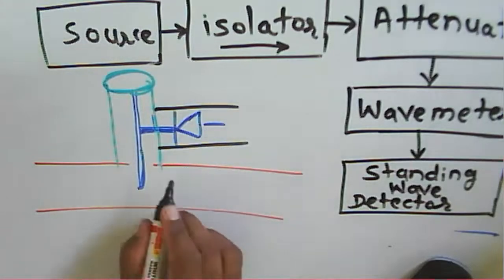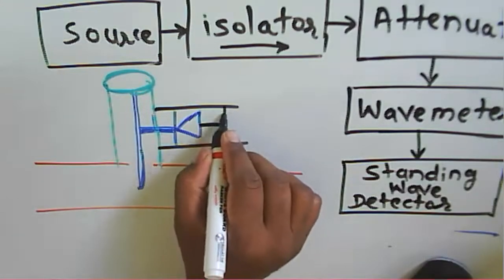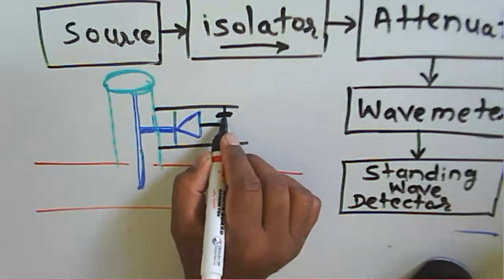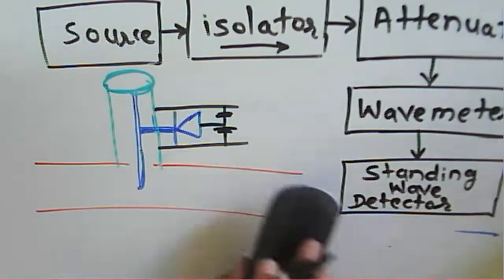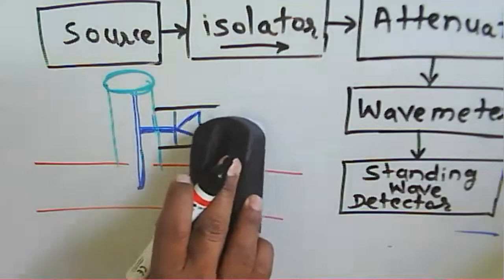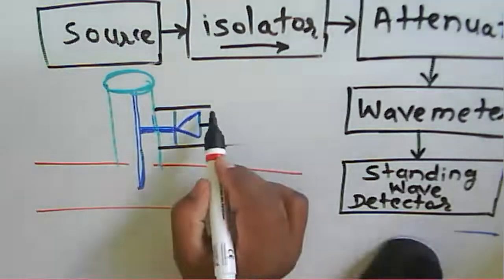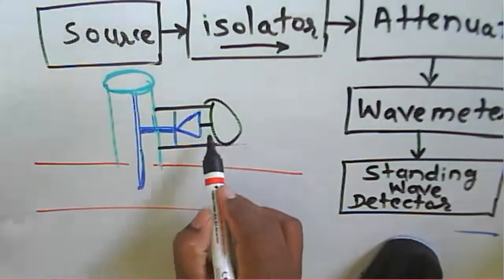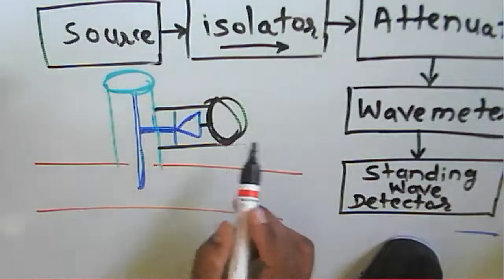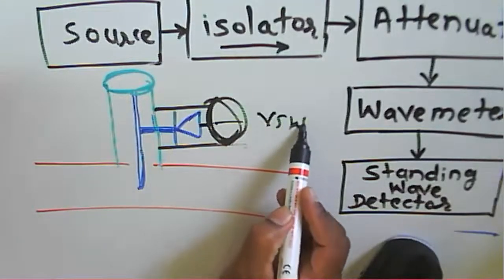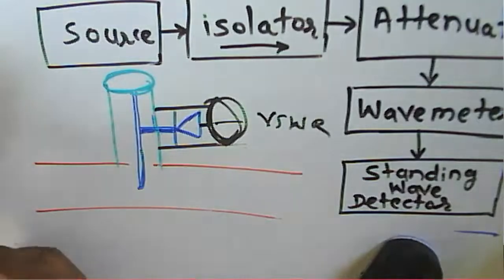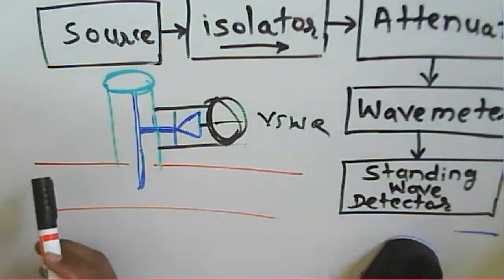We consider the bypass capacitor here, and if you are not able to, there will be a BNC connector. The bypass capacitor is connected to the VSWR meter or the SWR meter here.